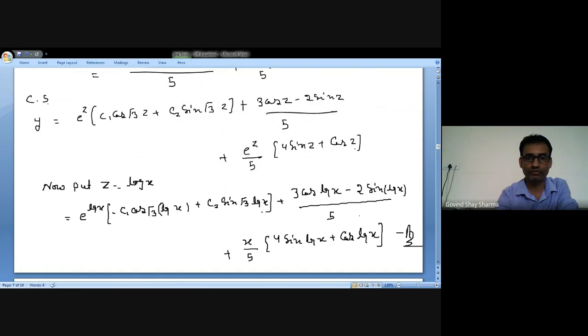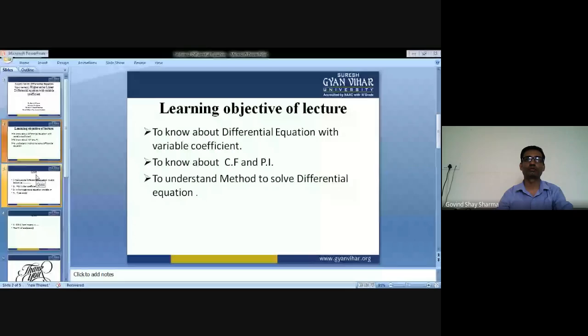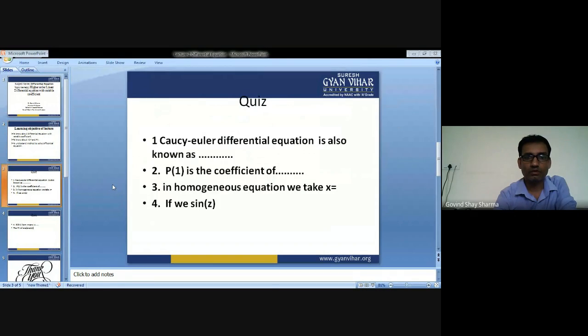Now the time for quiz. The Cauchy-Euler differential equation is also known as the homogeneous differential equation, a homogeneous equation of variable coefficient.